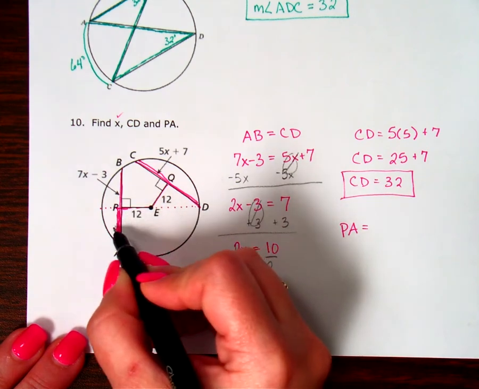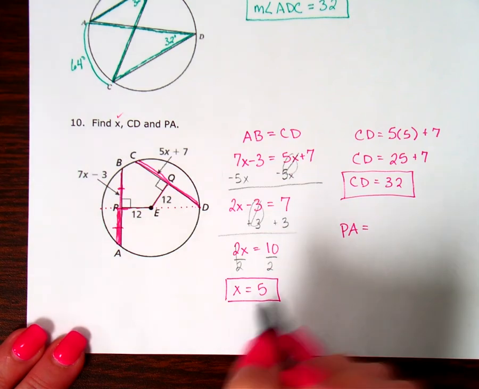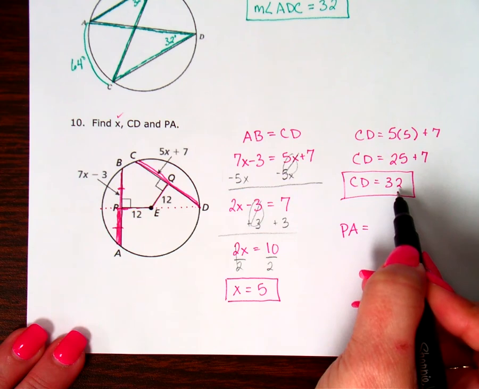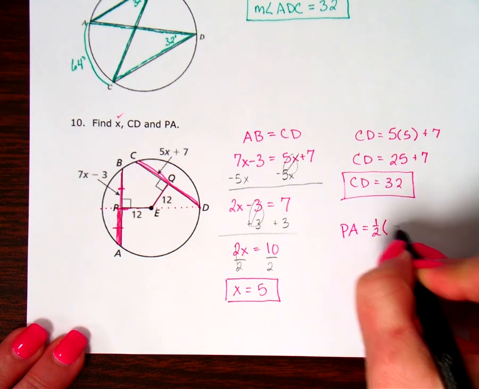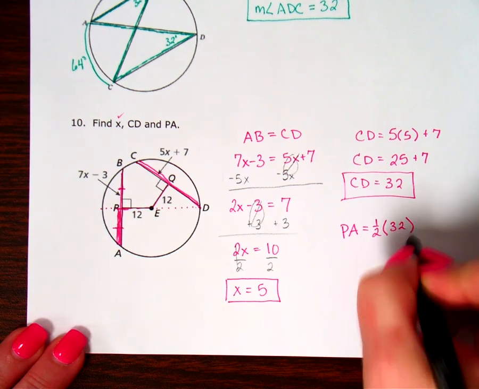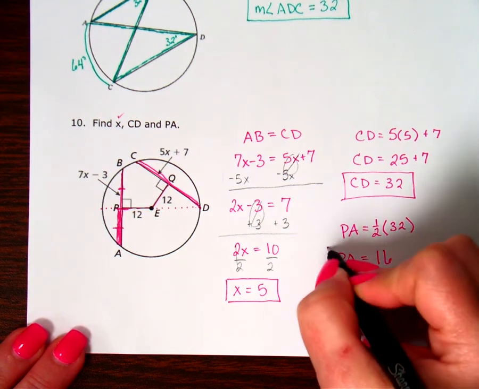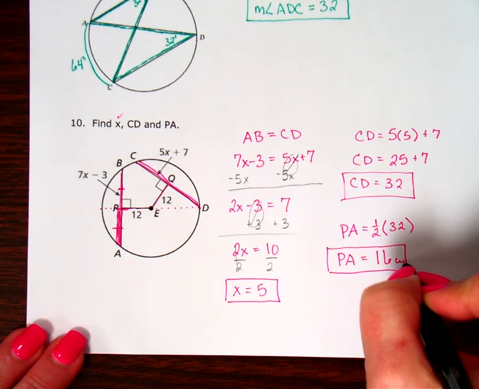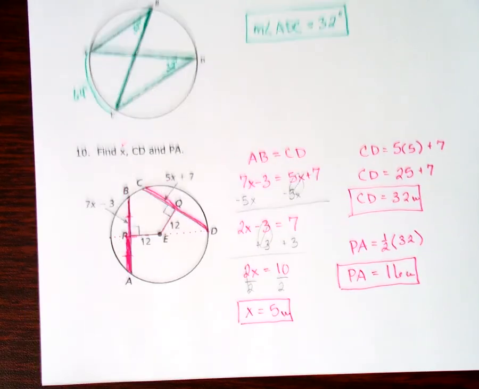So it is perpendicular, it's part of the diameter, which means this is cut into 2 equal pieces. So if the whole chord is 32, then PA is going to be 1/2 of that whole chord. So PA is going to be 16. And we could put units here, and units here, and units here.